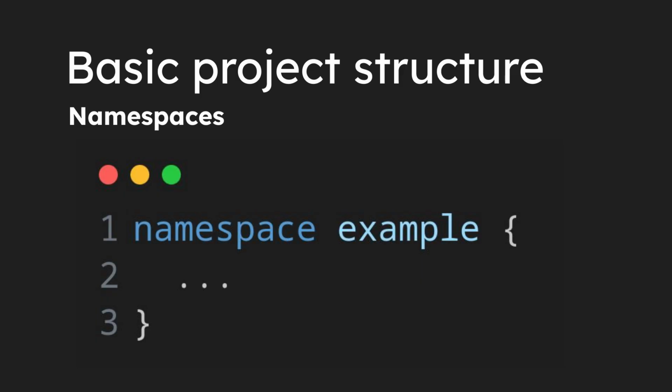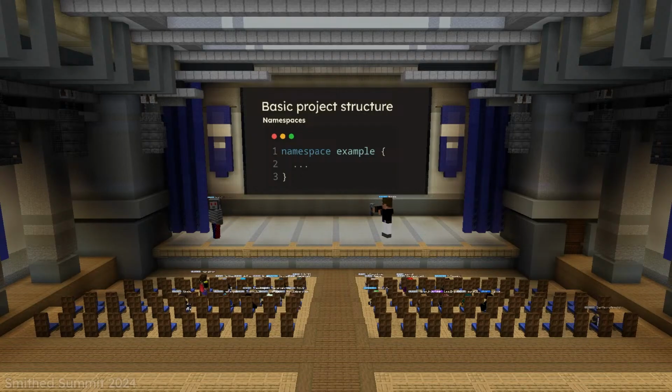For example, Zoglin provides the namespace keyword. Now, a namespace is the root of any Zoglin project and, well, correlates to the namespace of the data pack itself. You can have many namespaces in a Zoglin project, and everything is nested underneath a namespace, right?